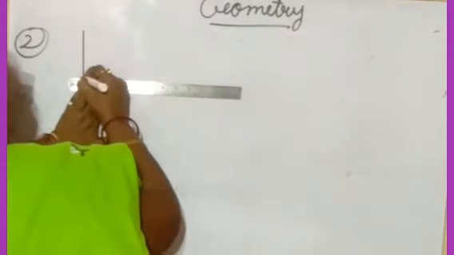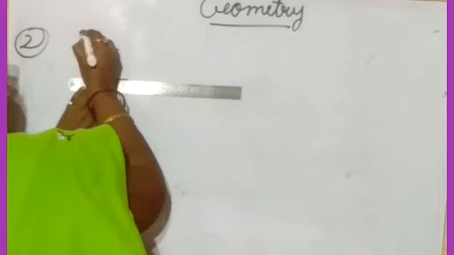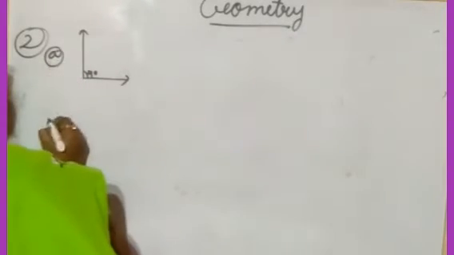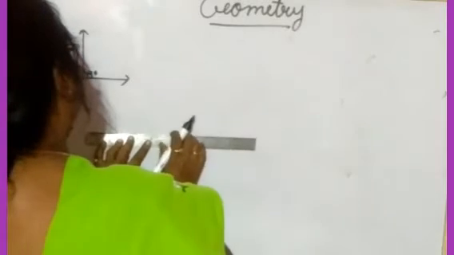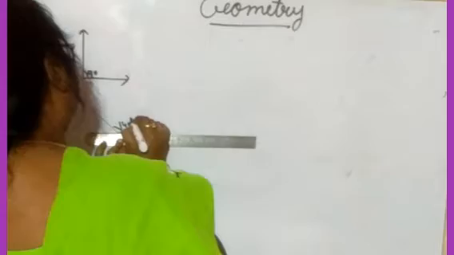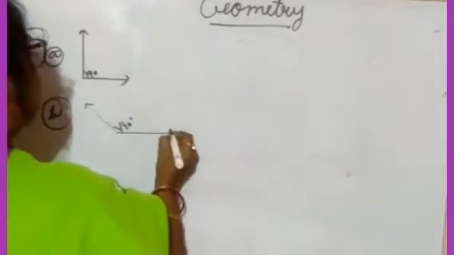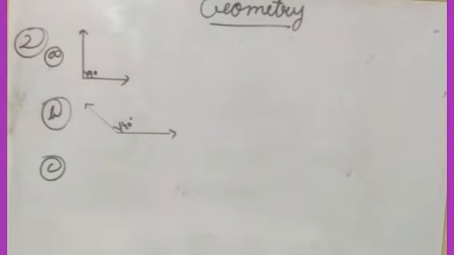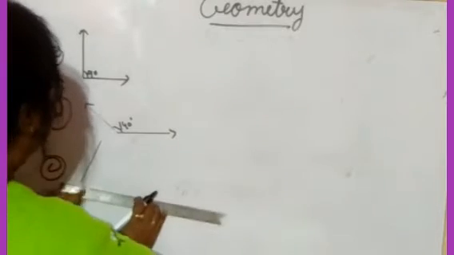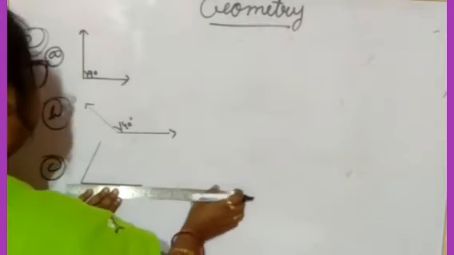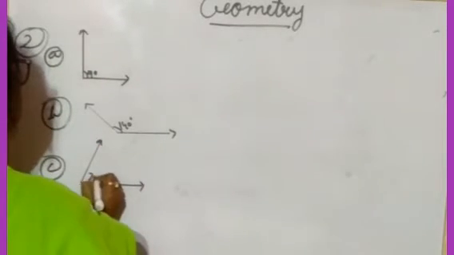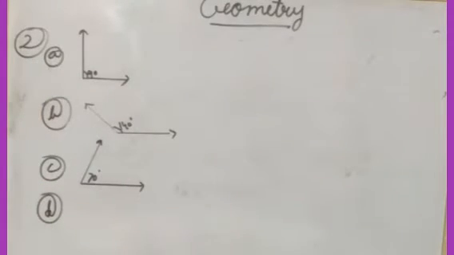Number A is given as 90 degrees. B is given as 140 degrees. C is given as 70 degrees. And D is given as 20 degrees.